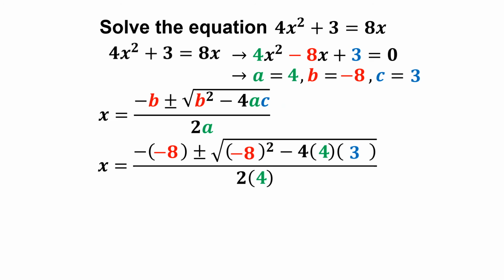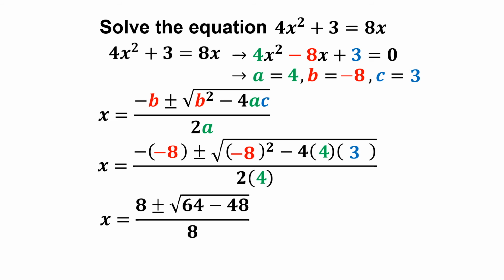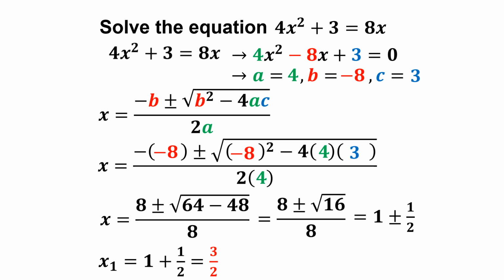The resulting numerical expression is x is equal to 8 plus or minus square root of 64 minus 48 over 8, which is equal to 1 plus or minus 1/2. Therefore, the roots of 4x squared plus 3 is equal to 8x are 3/2 and 1/2.